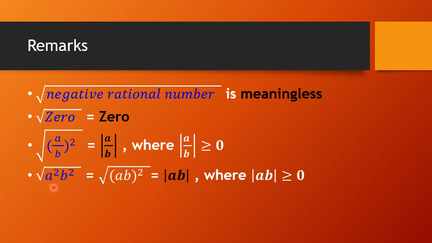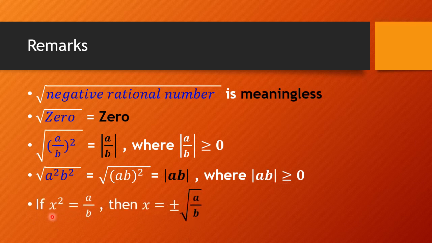Square root of a power 2 b power 2 equals the square root of (ab) power 2 equals the absolute value of ab, where the absolute value of ab is greater than or equal to 0.